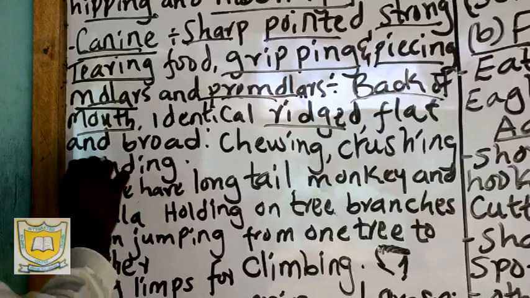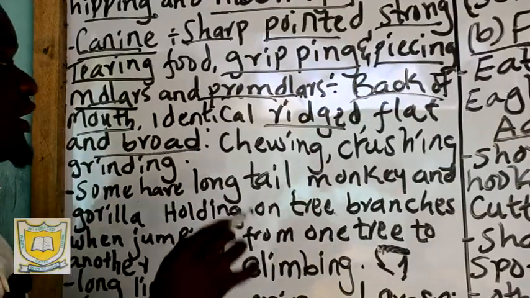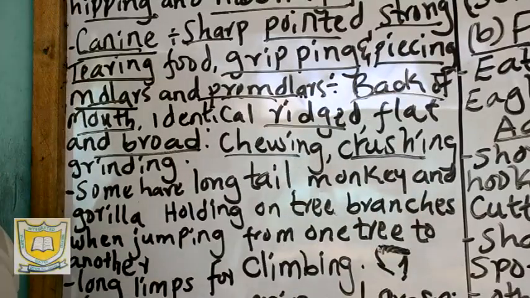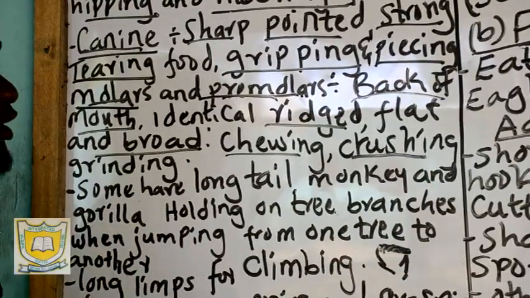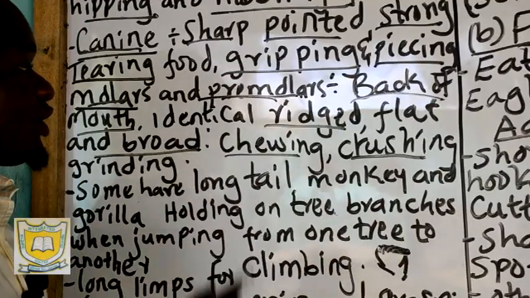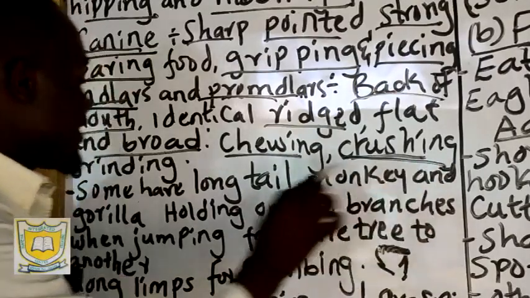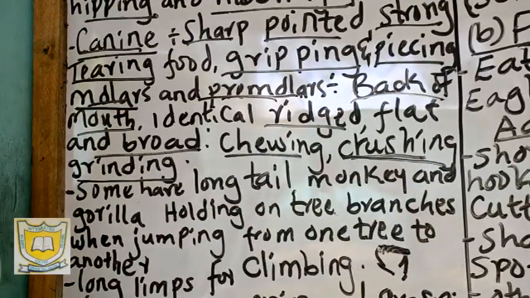Also they are broad. The broadness helps for crushing and chewing of the food eaten by this animal. The functions of the premolars and molars, which you discussed during your teeth topic, are chewing, crushing, and grinding of food.